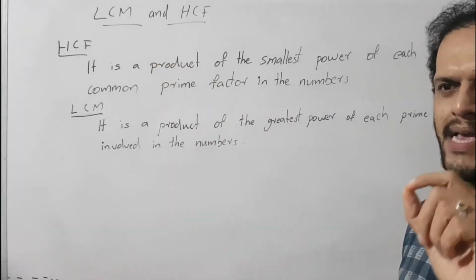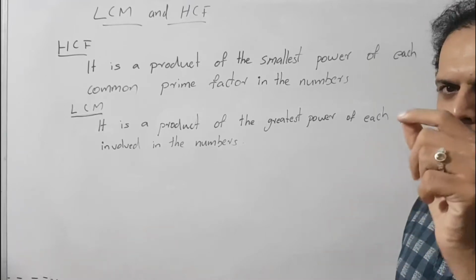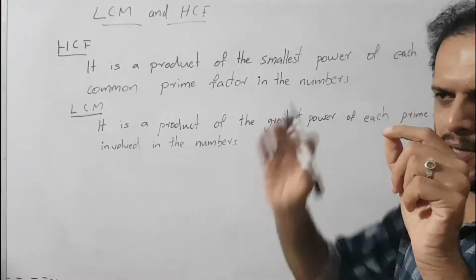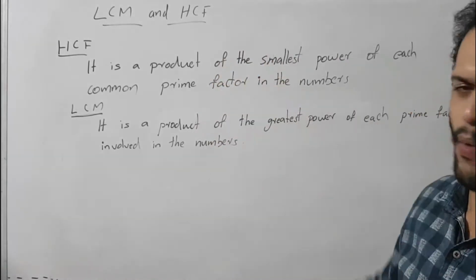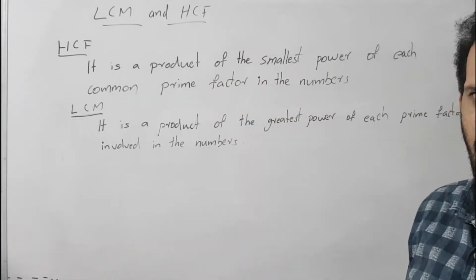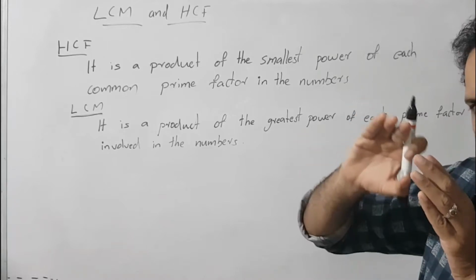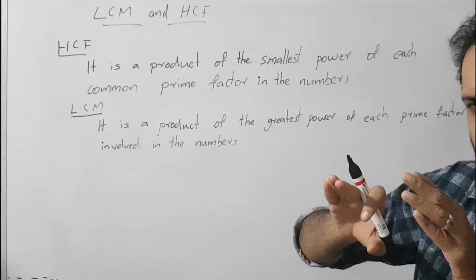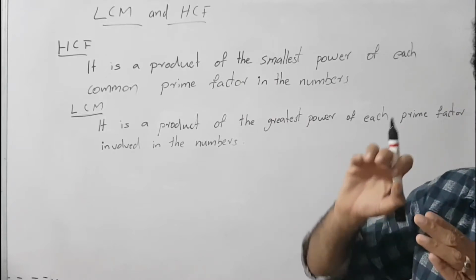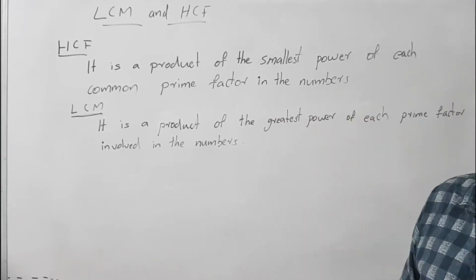HCF means the highest common factor. For finding the highest common factor, we multiply the smallest powers. That is the relation.